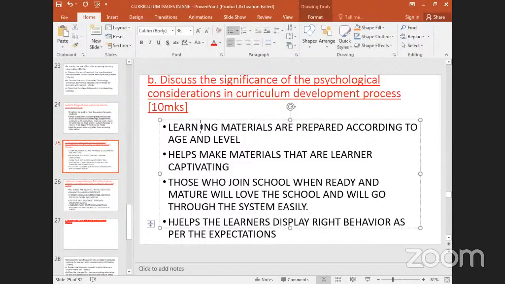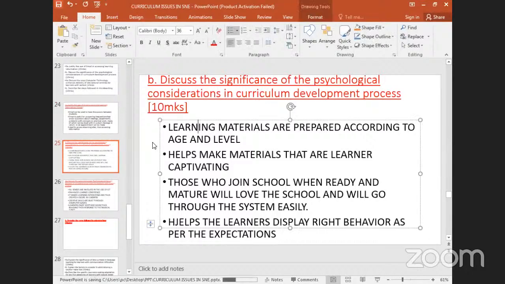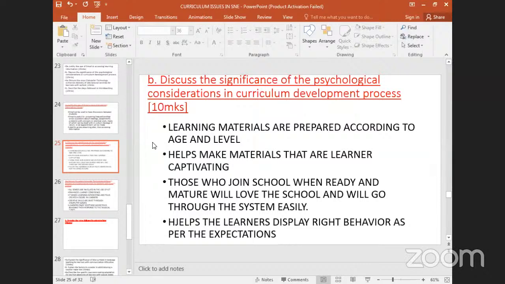And here we learned that the learning materials are prepared according to the age and level. This is in line with the psychological considerations. And it also helps make materials that are learner captivating.